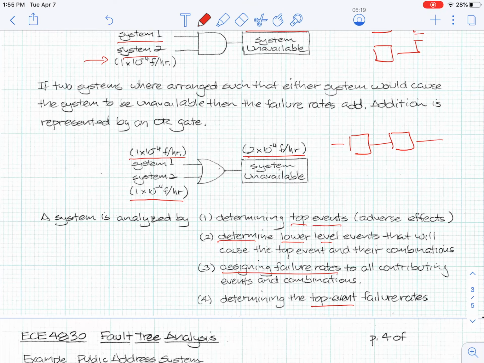One of the things that you'll notice is that I say assign failure rates, and you go, well, how will I know? Well, manufacturers will tell you what MTBF is for components, and there are also some military specs that will allow you to do the same.